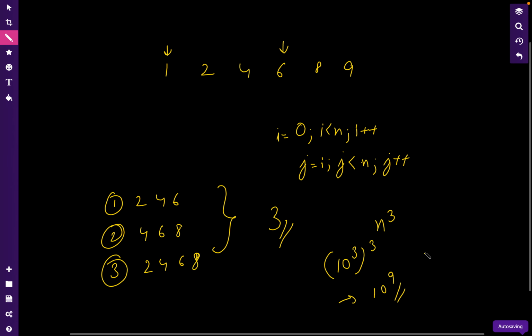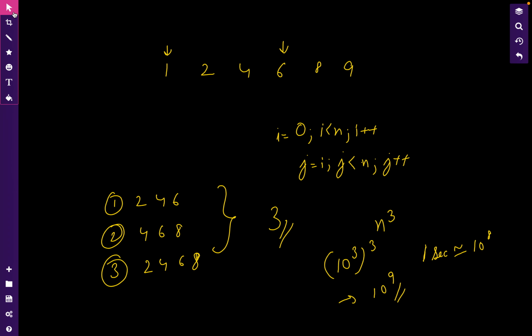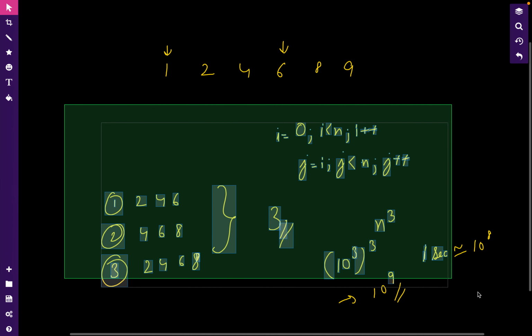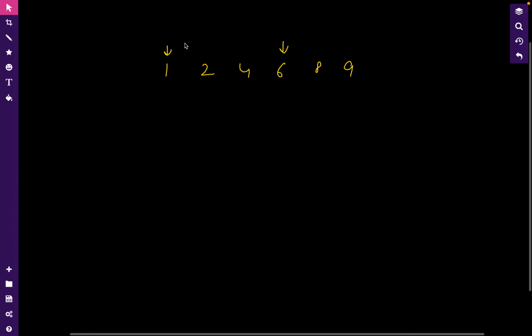As we know that in 1 second, we can do approximately 10 to the power 8 operations, that is the reason it is giving us time limit exceeded. So now let's see another approach where the time complexity is actually improved. Let me just clear this out.